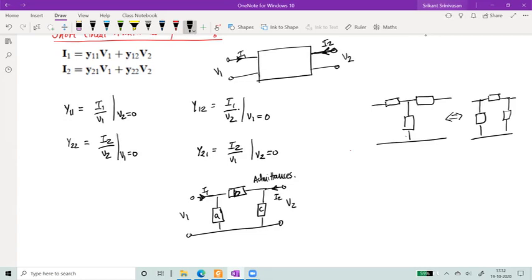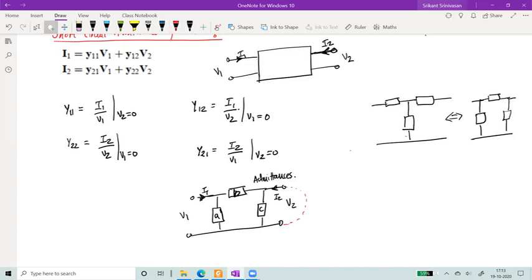So what is the value of Y11? Y11 is the case when the value of V2 is set to 0. Okay, if V2 is equal to 0, then I1 over V1, if I want to make V2 0, I have to short circuit the output. So I've short circuited this.